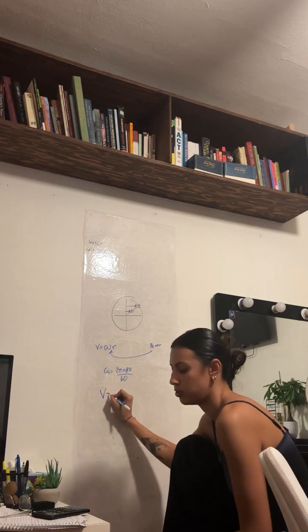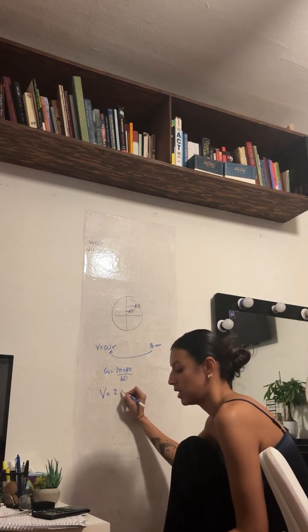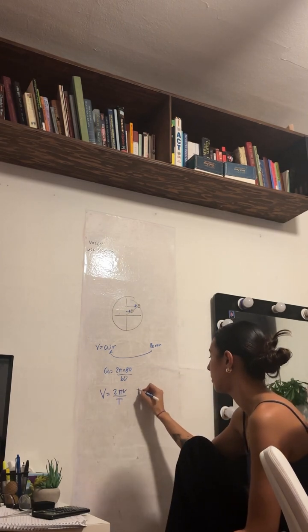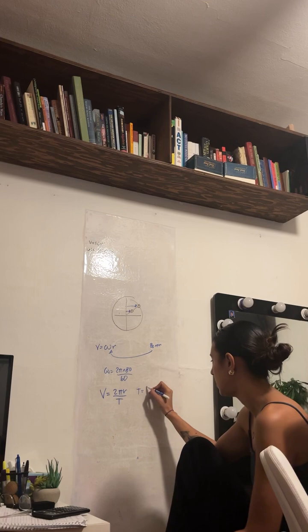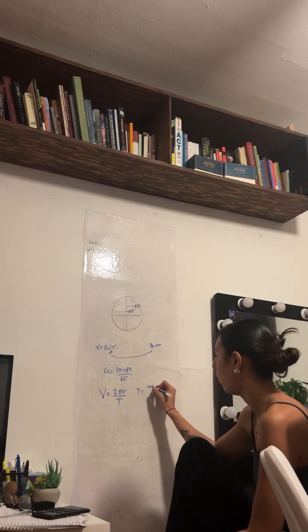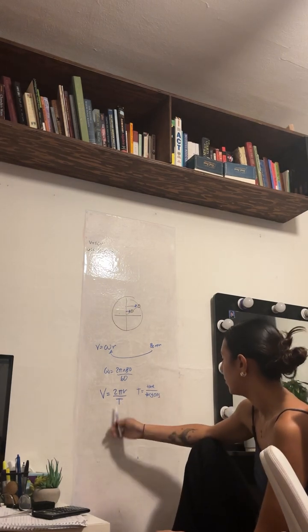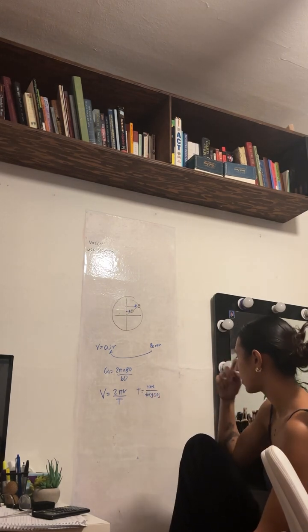Or you can just use the equation, the velocity is 2 pi r over t, where t is not the time. T is equal to the time over the number of cycles. So remember, if you want to use this one, t is the time over the number of cycles.